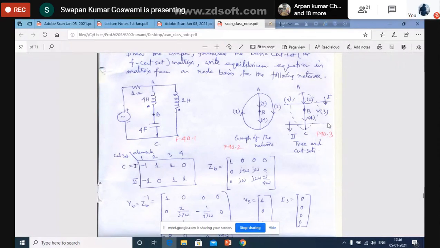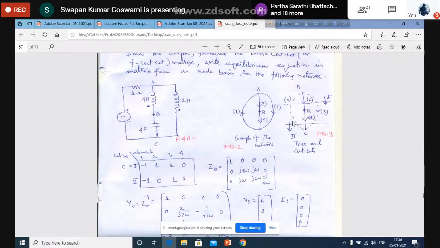This is the second cutset. Cutsets are very obvious here. This will be cutset 1, so this is cutset 2, and accordingly you form the cutset matrix. Okay, element 1 in cutset 1 and also in cutset 2, it is having negative sign in both the cutsets. Okay, direction is upward. The direction should actually be upward here. It is missing here. Okay, by mistake it has actually been missed here.